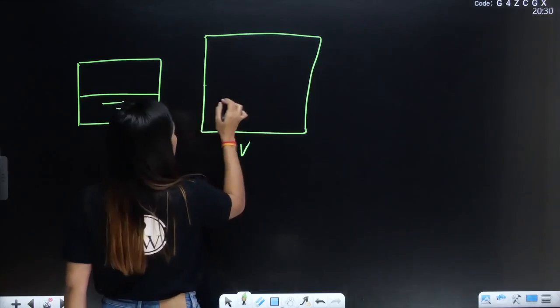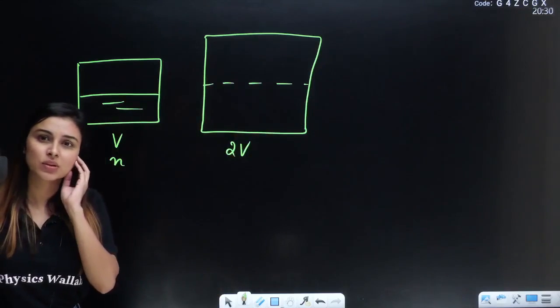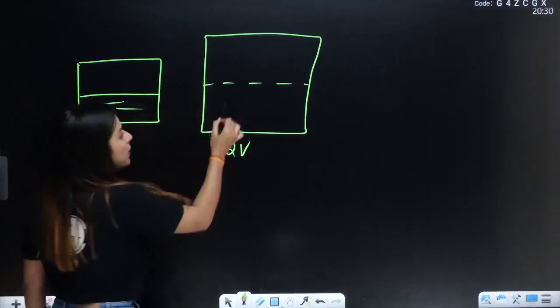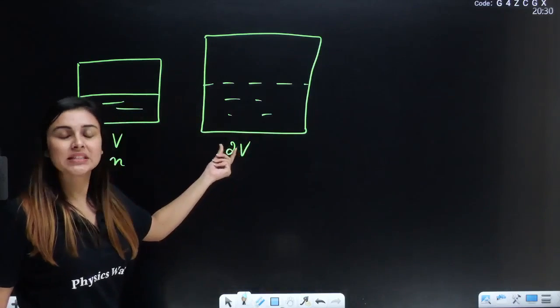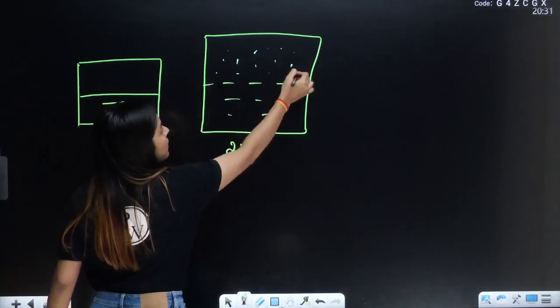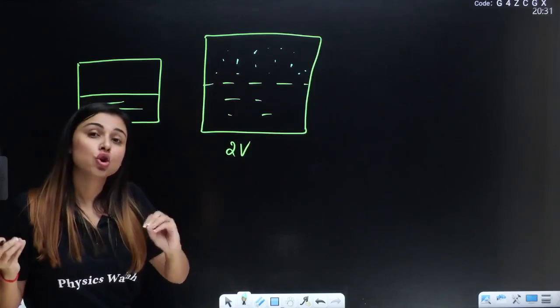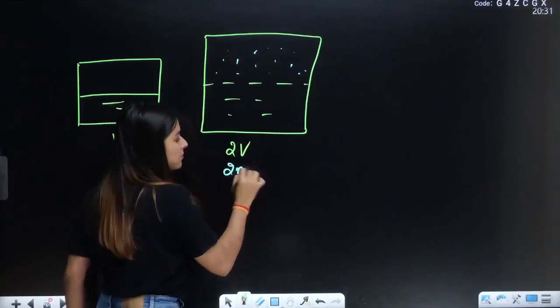The liquid will be the same, my dear students. I hope you're clear with that. If you put that liquid here, what will happen? Since the volume is more, more of the particles will go into the vapor phase. So the moles of vapor would be 2n.